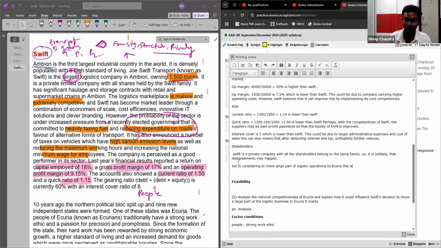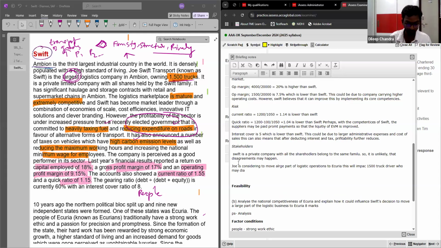This will impact 1,500 truck drivers who may disagree with this strategy, if Joe chooses to discontinue operations in Ambient.